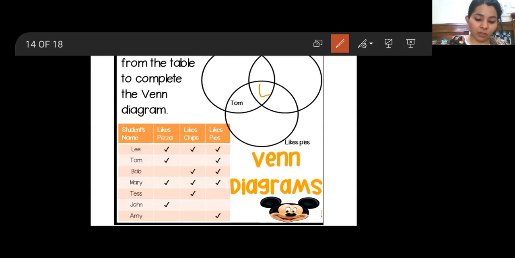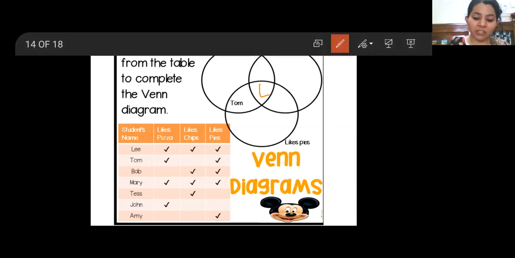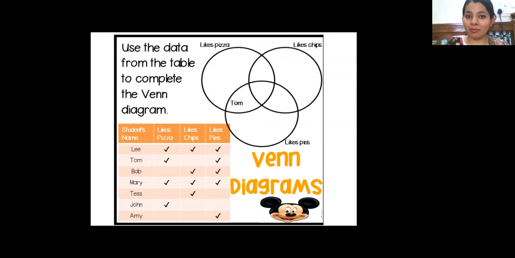Similarly, if we talk about Tess, the third last, Tess likes chips only. So we are going to write the name of Tess over here. So now I am sure that you have understood. Now this is the time that you have to solve it by yourself.